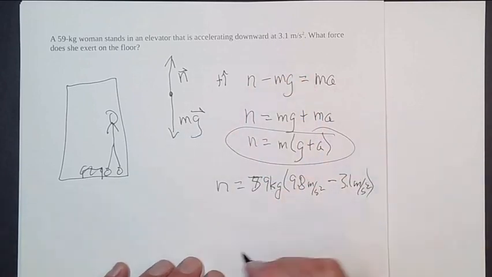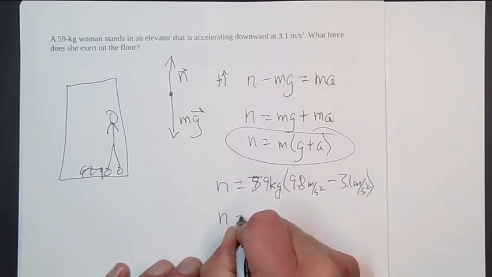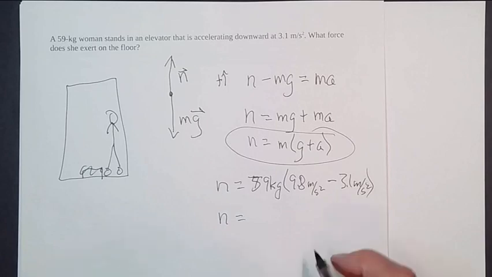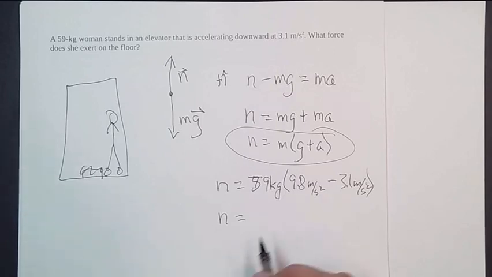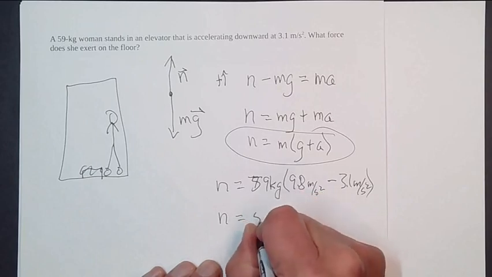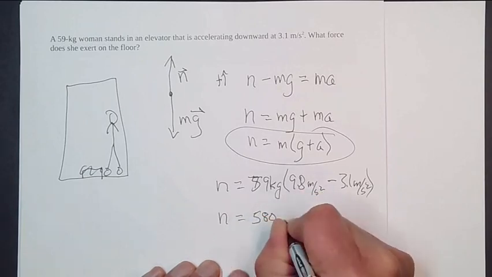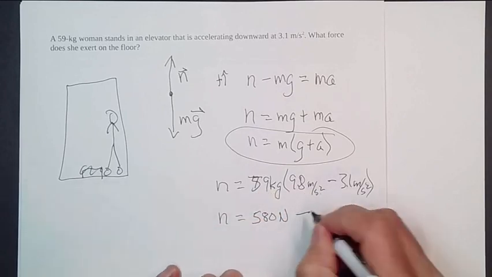So anyway, whatever that turns out to be, actually, I think I'll distribute the 59 kilograms through there so we can see just how much of a difference this makes. All right, just her mass times g turns out to be 580 newtons, kilogram meter per second squared.